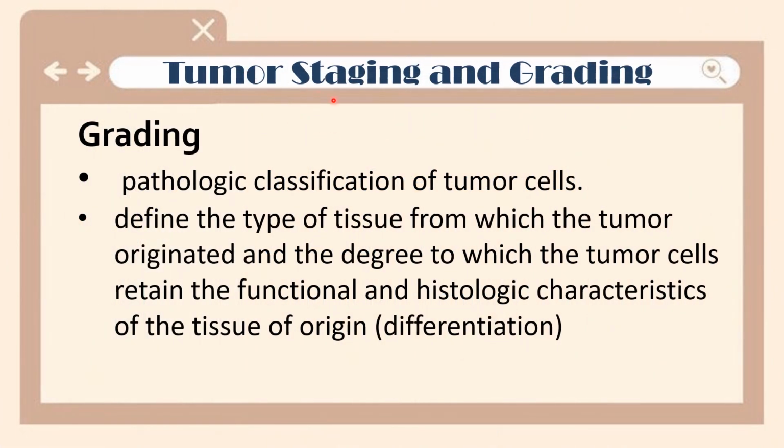Moving on to tumor staging and grading. So, naririnig natin yun kung anong stage, ano yung grade. So, grading refers to the pathology classification of tumor cells. It defines the type of tissue from which the tumor originated and the degree to which the tumor cells retain the functional and histologic characteristics of the tissue of origin, or differentiation.